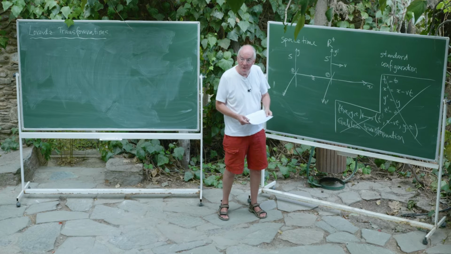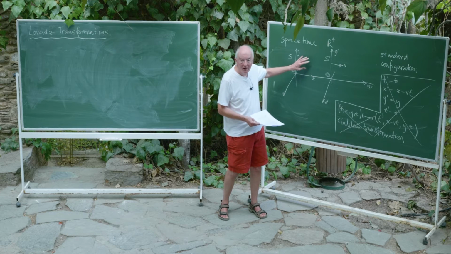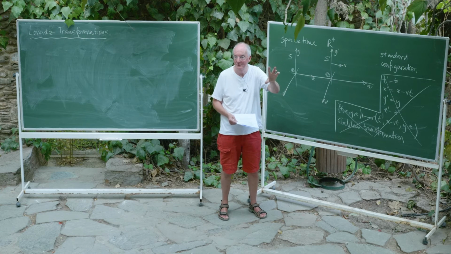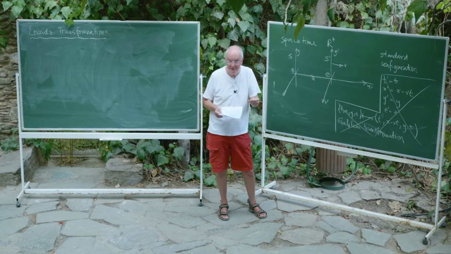That must be true for any particle. In particular, therefore, straight lines must map to straight lines under the new transformation that we're looking for. It must be a mathematical transformation that preserves the straightness of lines.